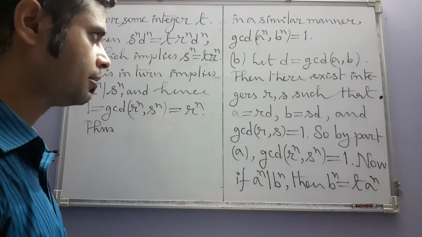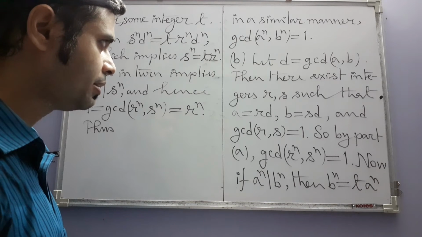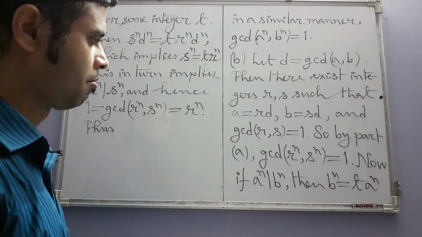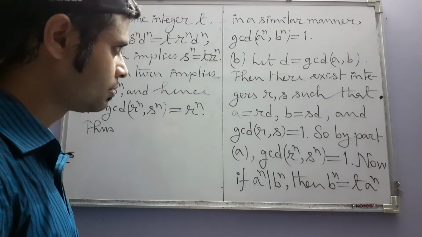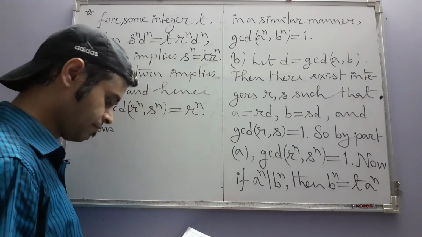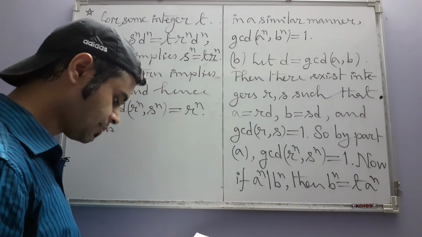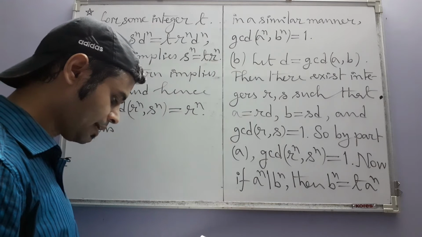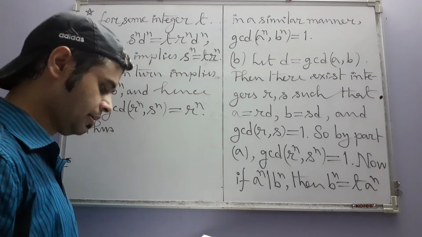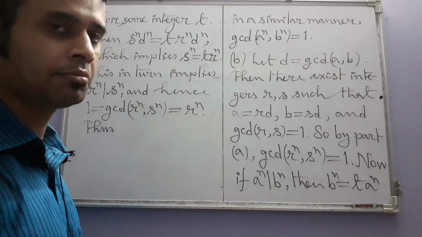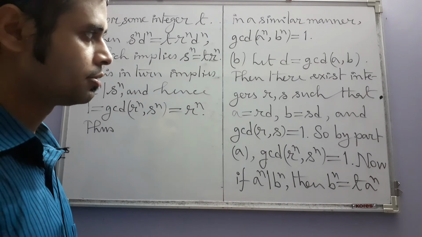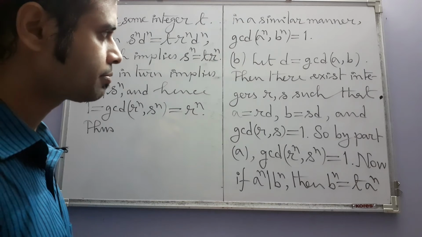That, however, will not just simply come from what is given. Why do I say that? That is because a and b are just some integers. We have not said anything about them being positive. So that is a problem.